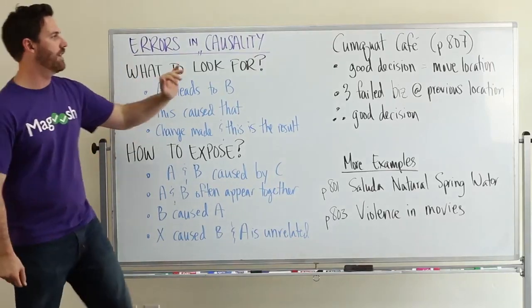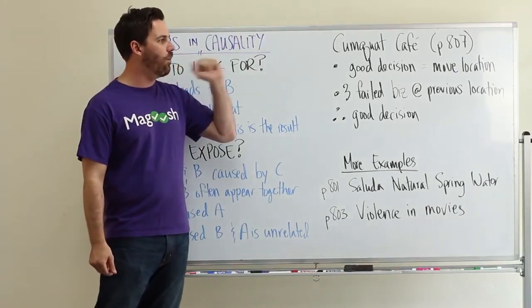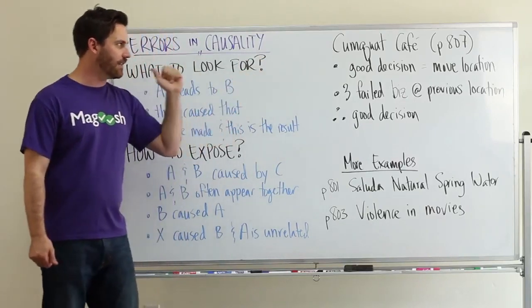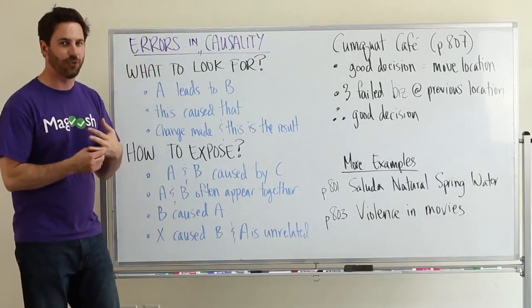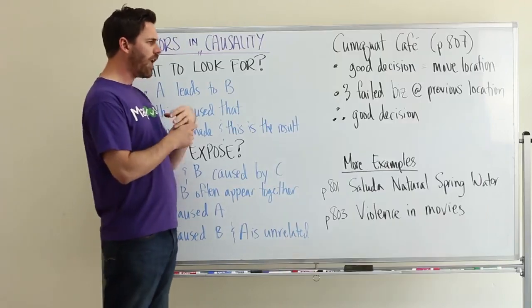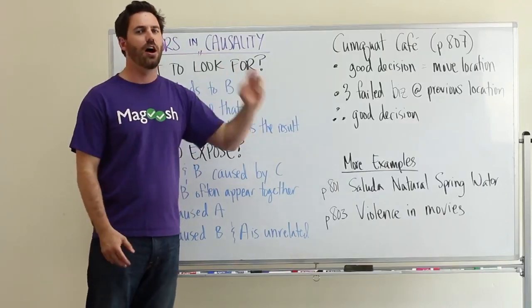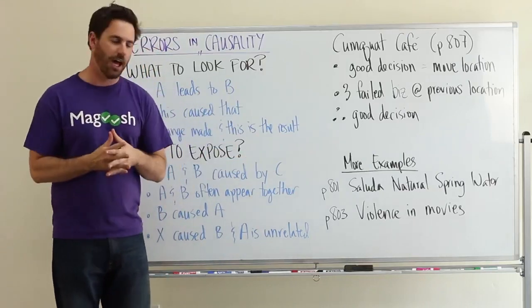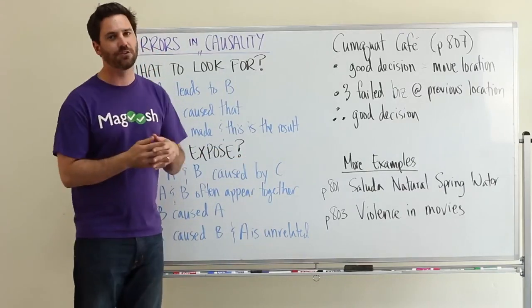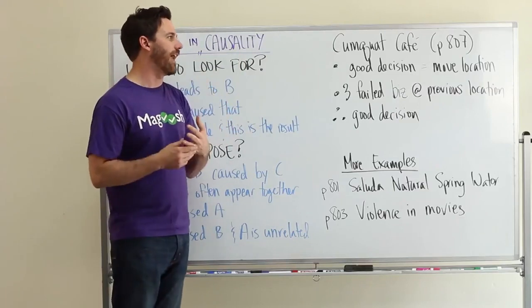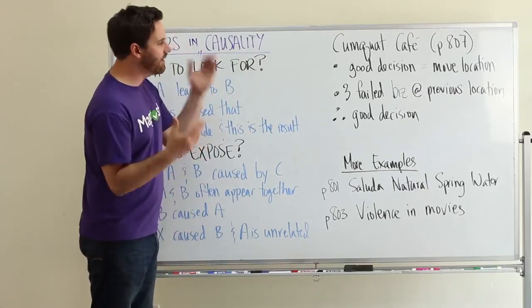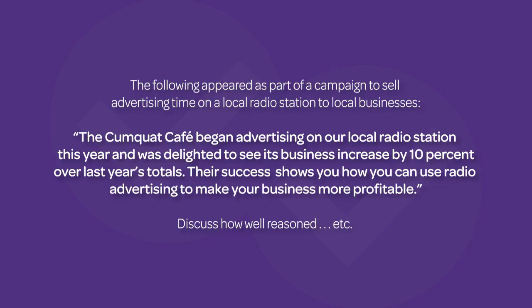There's a great example of this in one of the arguments on page 807 in the 13th edition of the Official Guide. You can also get this information online. MBA.com publishes all of these arguments online in a PDF, and so you can search for Kumquat Cafe to find this one. Basically, they say this cafe made a good business decision because they moved locations and now they're celebrating their second anniversary.